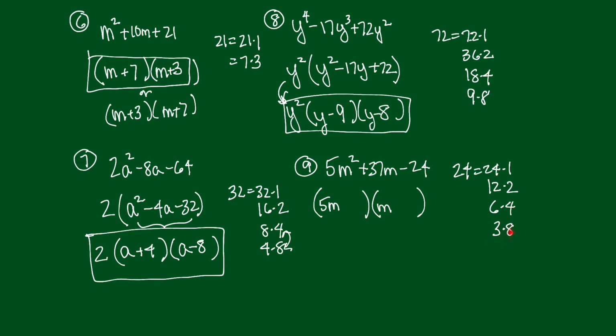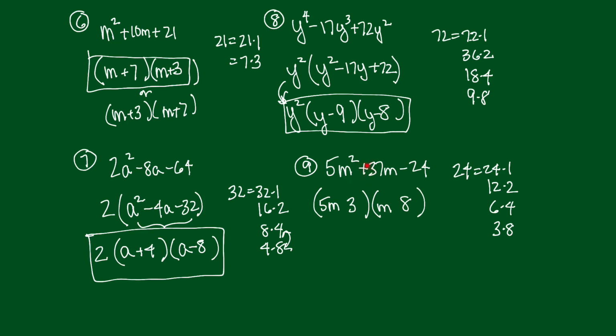Okay, now, where are you going to put these? So what if I put the 3 here and the 8 here? Is there a chance? That's 40m and 3m. With 40m and 3m, I can get a 37 if I can get the signs right. Now, this sign here is negative, so these two numbers have to have opposite signs. One has to be plus, one has to be minus. So look over here.